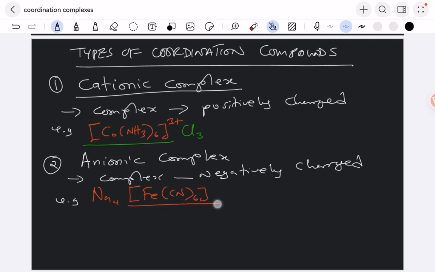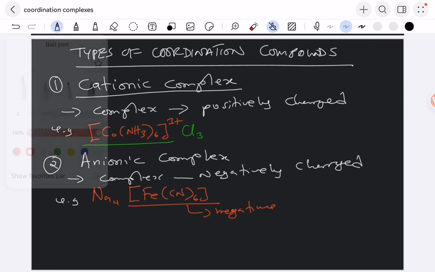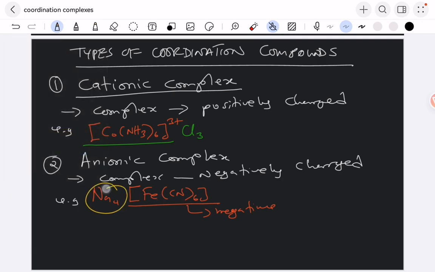So this is found on the negative side. Remember, in this case, the sodium is on the positive side. So when the complex is on the negative side, this is called an anionic complex.